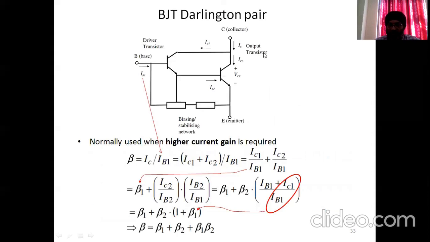So in power electronics, we can use this Darlington to increase the current gain. But still, the base drive circuit becomes more complex. So that's why it's not selected that often for application in power electronics.